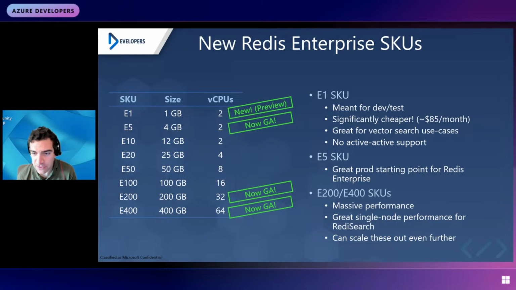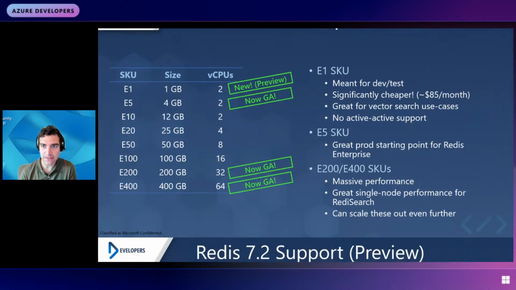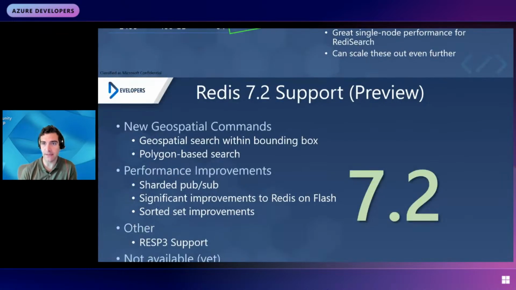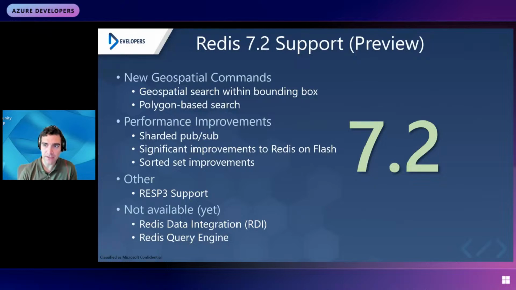All right, so I said there are 2 announcements. That was the first announcement, just a new set of SKUs that should make things more flexible and easier for you all to use. And then the second announcement is support for Redis 7.2. This is a pretty big update for us because in the past, the latest version we offered was 6.0, which is a few years out of date at this point.